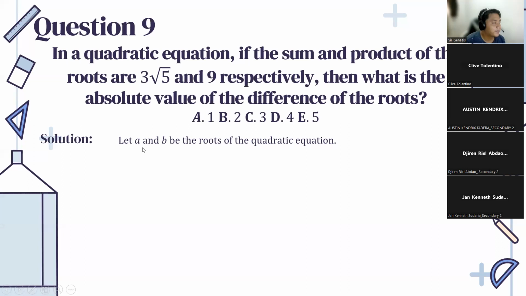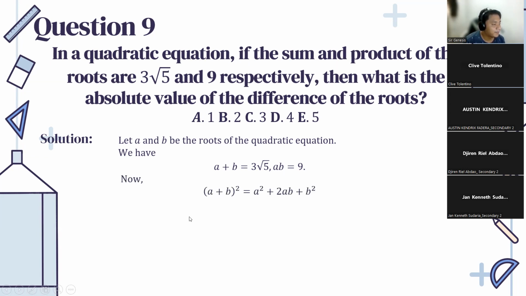Let A and B be the roots of a quadratic equation. It says the sum and product of the roots. So the sum will just be A plus B is equal to 3 square root of 5. And for the product, we have AB is equal to 9. The question asked for the absolute value of the difference of A and B.